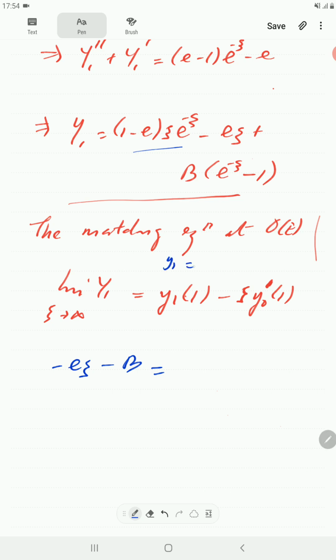Remember, y1 is x e to the x, so that's just going to give us e, and then minus xi y naught prime, which is just going to be the same as y naught, evaluated at 1, that's just going to be e.